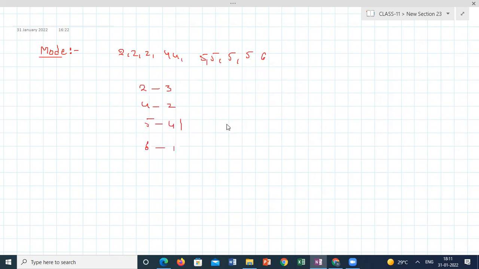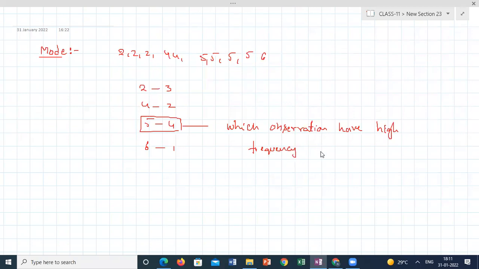The observation which has the highest frequency is known as the mode.